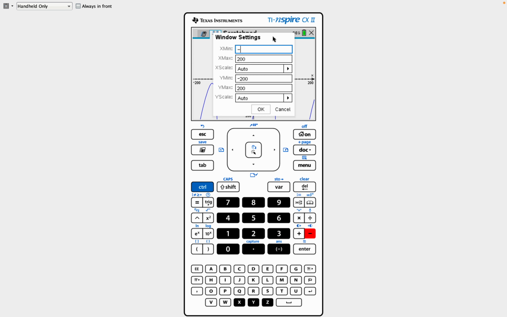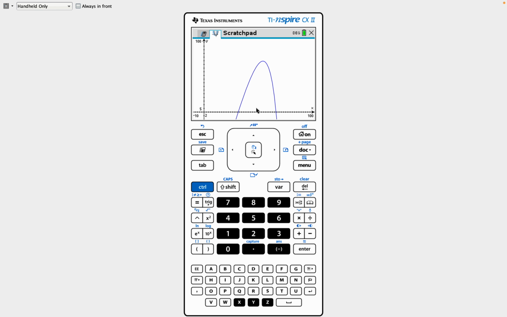I'm just going to leave some space to see the entire positive half axis. X maximum, on the graph it looked like maybe 100 would do. Minimum for y, since we are looking for zeros, I do not need to go too deep. And then again on that graph, when we saw it in the unspecific window, it kind of looked like 100 would do. Confirm.